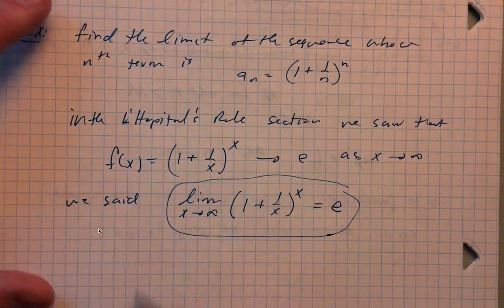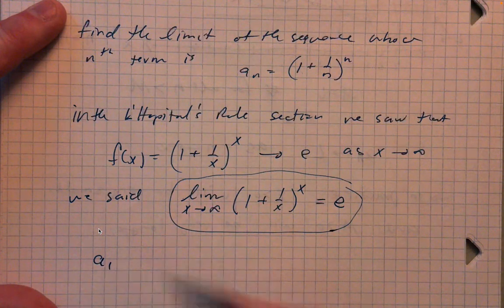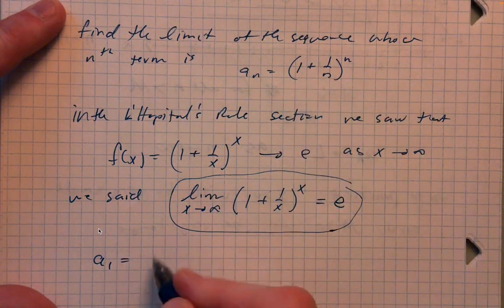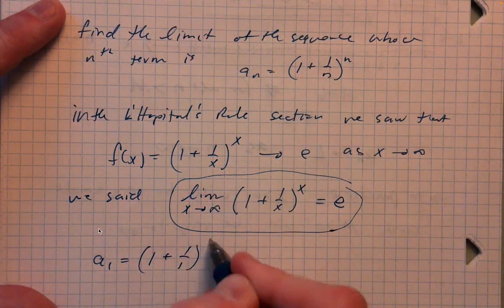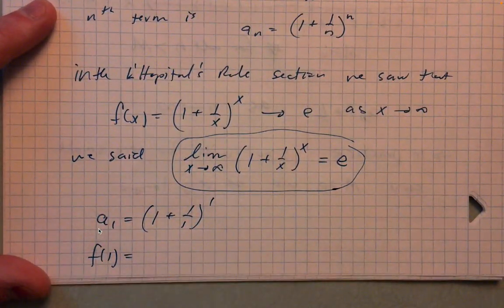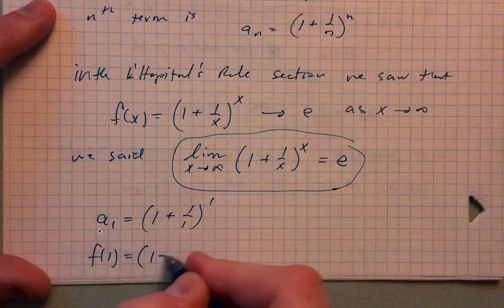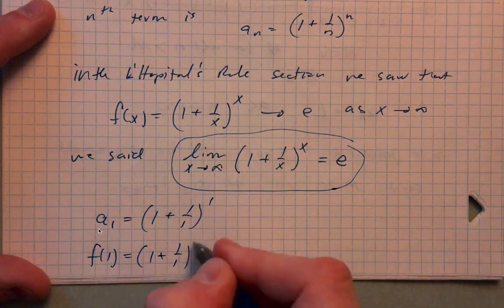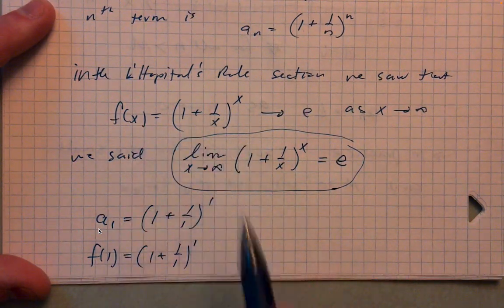So for example, a of 1, the first term of this sequence, is going to be equal to 1 plus 1 over 1 to the first power, and f of 1 is going to be equal to 1 plus 1 over 1 to the first power, just plugging in.